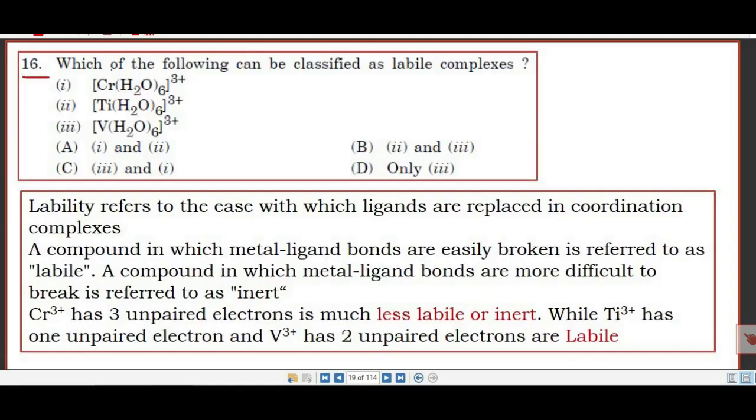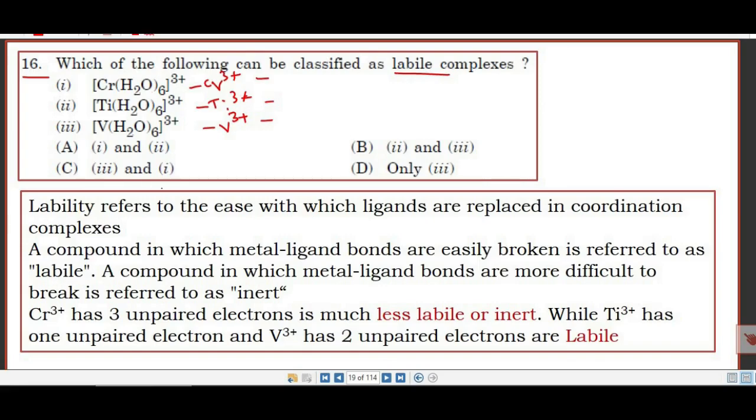Question number 16. Which of the following can be classified as labile complex? Here are chromium 3 plus, titanium 3 plus, and vanadium 3 plus.